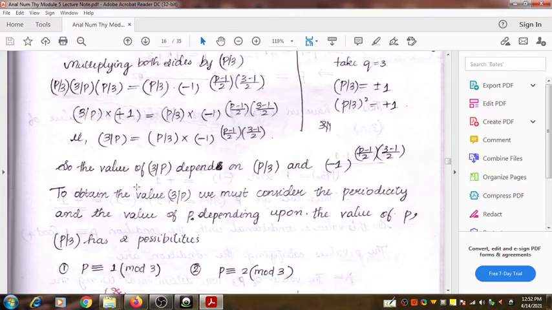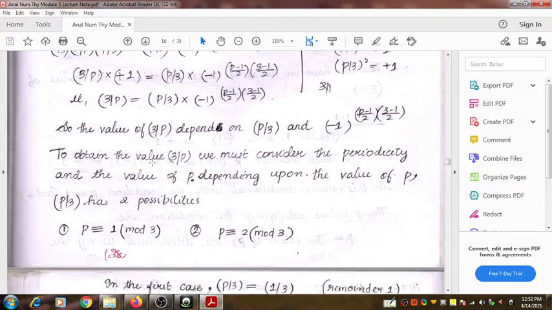So we can say that the value of (3/p) depends on the value of (p/3) and the value of (-1) to the power of (p-1)/2 · (3-1)/2.